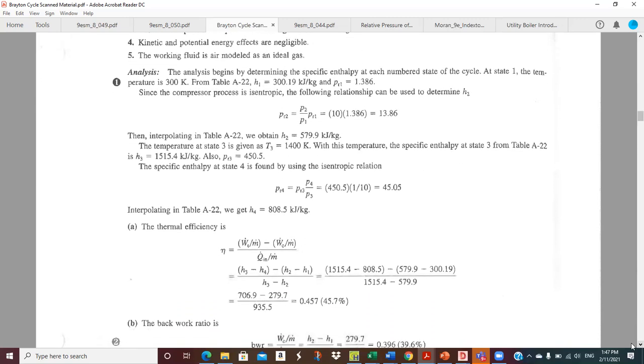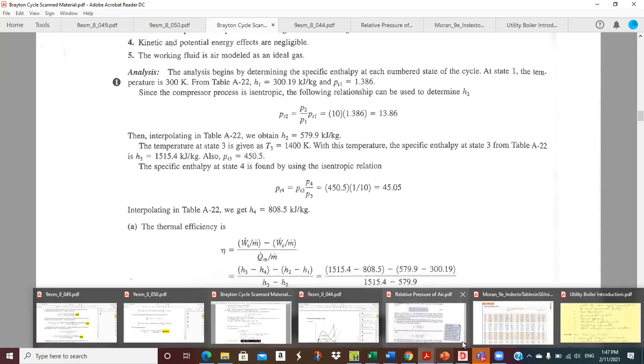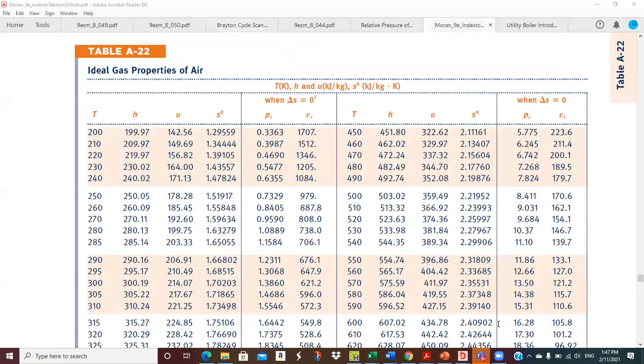Okay, so you typically start over there going into the compressor. You've got a temperature, 300 K, so you just go to table A22 and look up the enthalpy. It's 300.19, and you look up PR1. We're not going to check all of them, but we'll check this one. There's the enthalpy, 300.19, and there's P sub R, 1.3860.